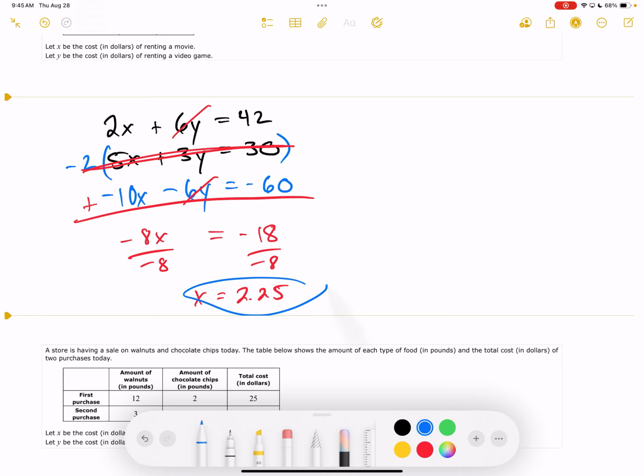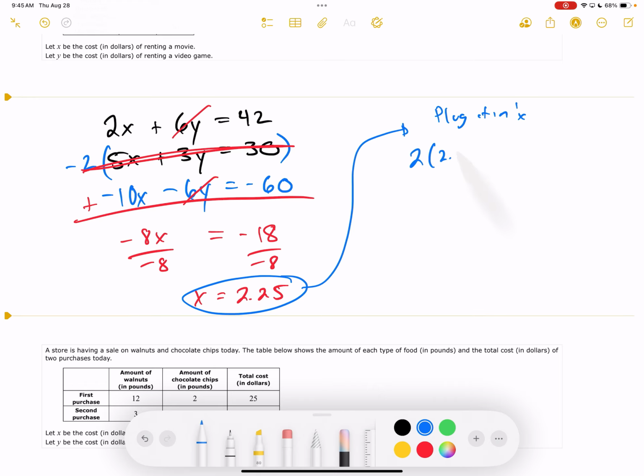So now, again, once I get that answer, take it and plug it in. So I'll plug it into the top one. The movies cost $2.25, and there are 2 of them, so that'd be $4.50. Then you subtract $4.50 from both sides, and again, you can use a calculator for this.